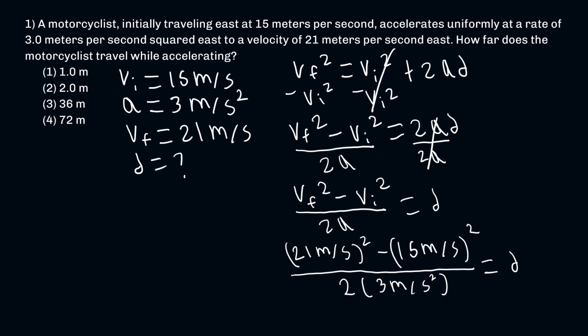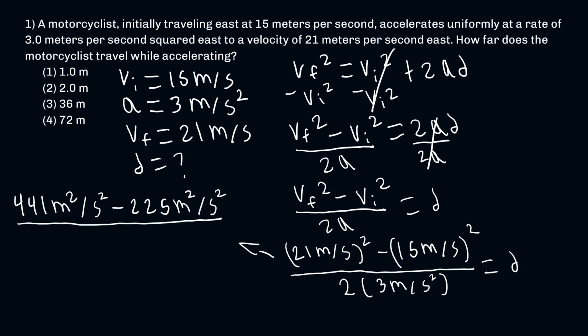So 21 raised to the second power is 441, so I'll put this all over here. 441 meters squared per second squared, minus 15 raised to the second is 225 meters squared per second squared, all over 2 times 3, which is just 6 meters per second squared, equals my displacement. 441 minus 225 gives me 216 meters squared per second squared, all over 6 meters per second squared.